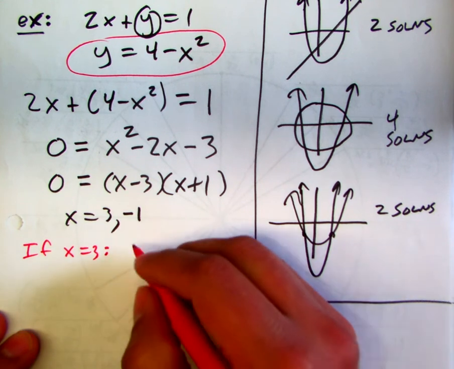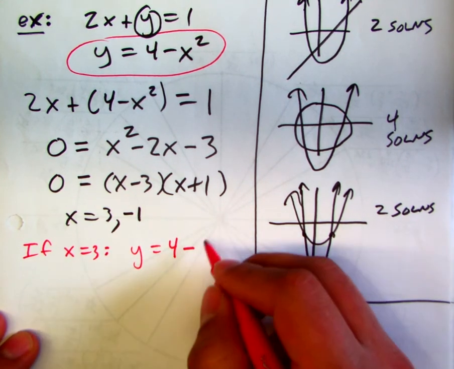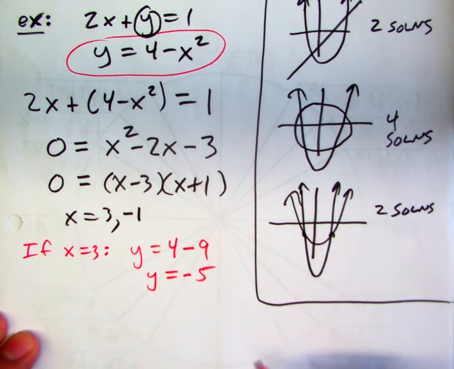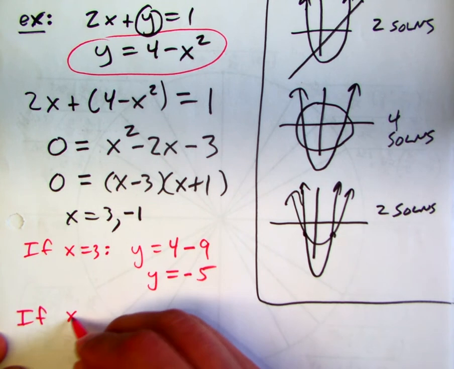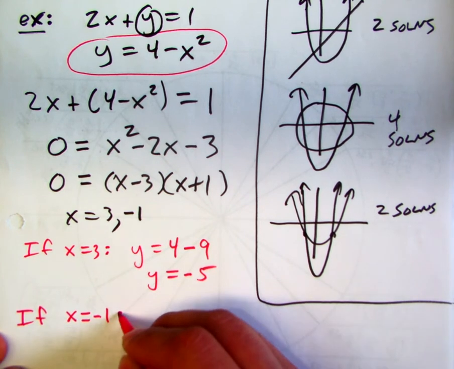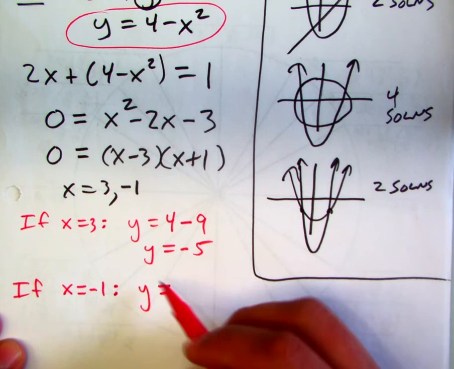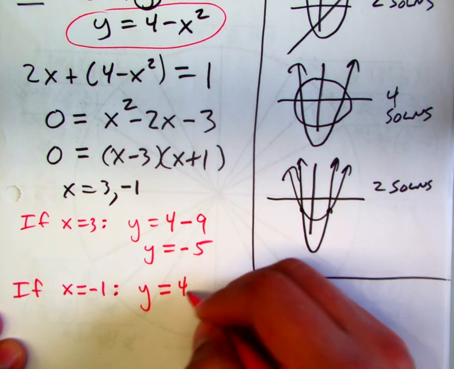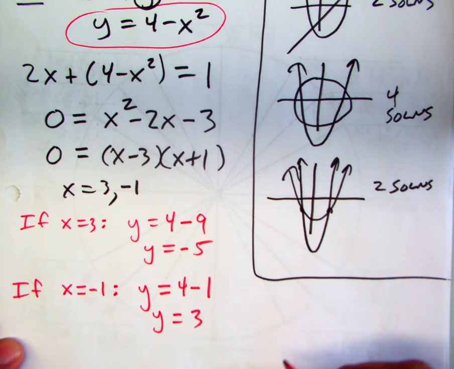So we get y equals 4 minus, what's 3 squared? So y is negative 5. The second scenario is if x is equal to negative 1, do the same thing. Plug it into y equals 4 minus x squared. So we get 4 minus 1, which is 3.